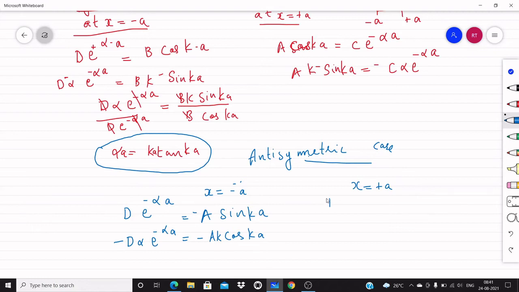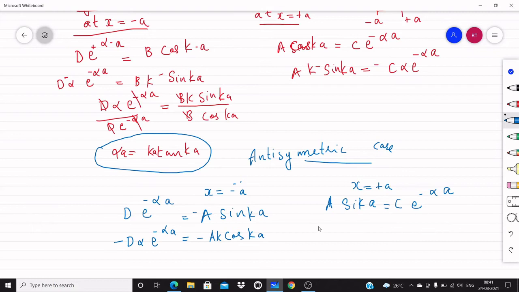a sine ka is equal to c e raised to minus alpha a.